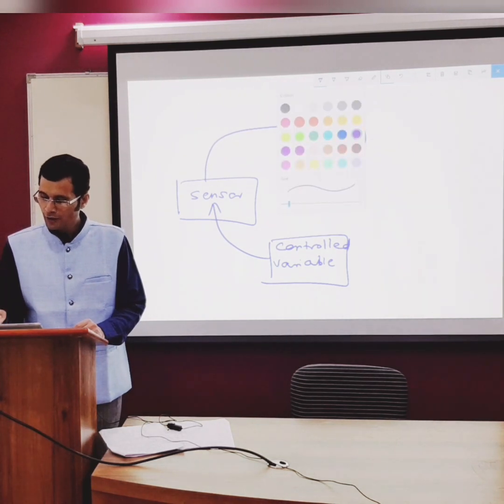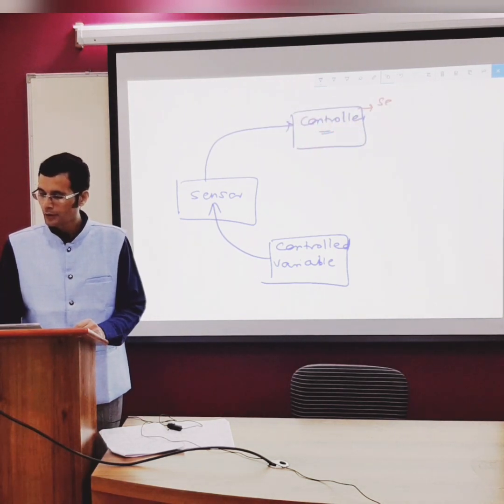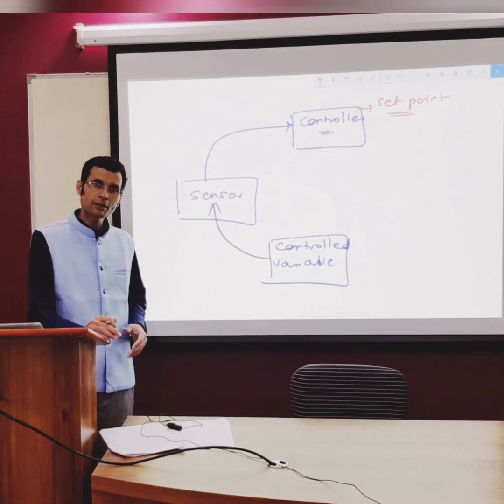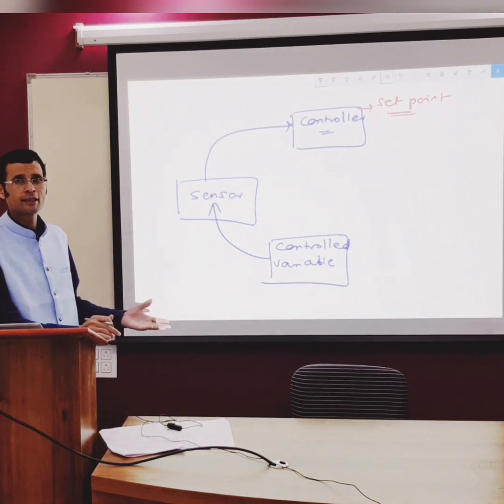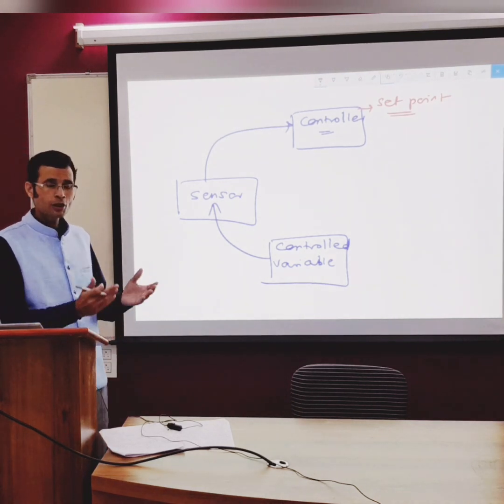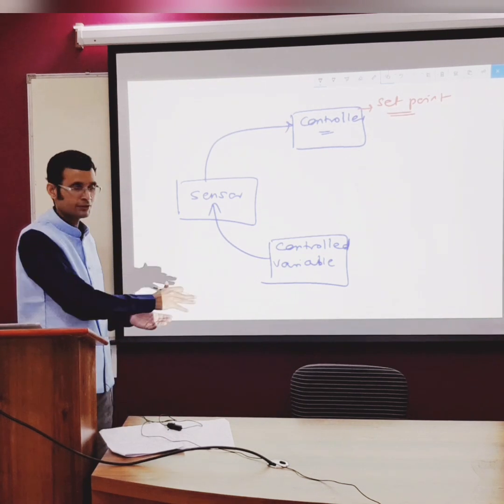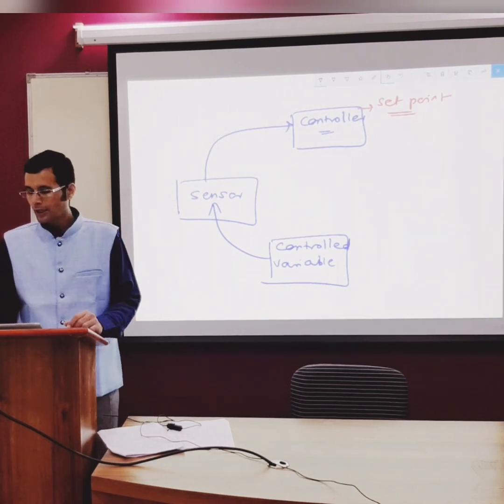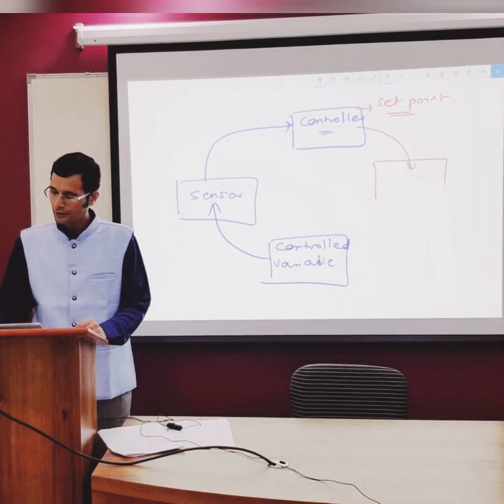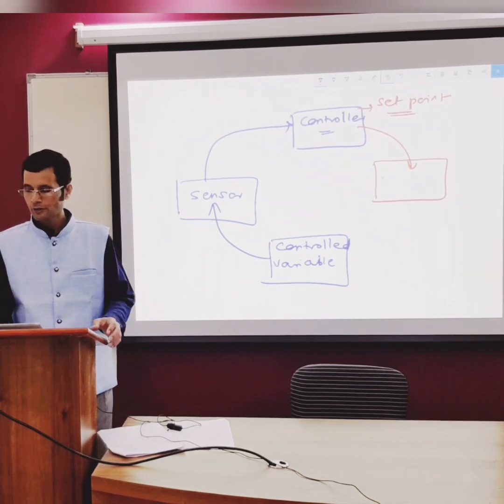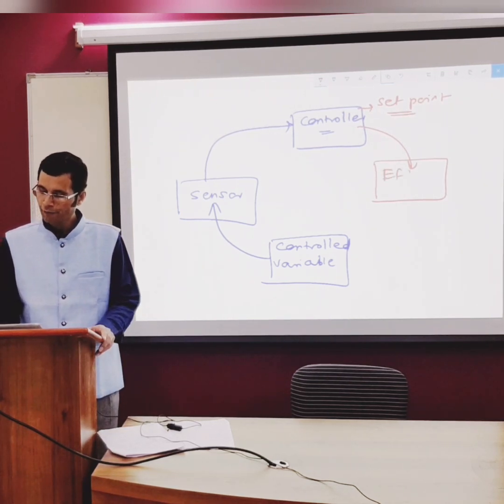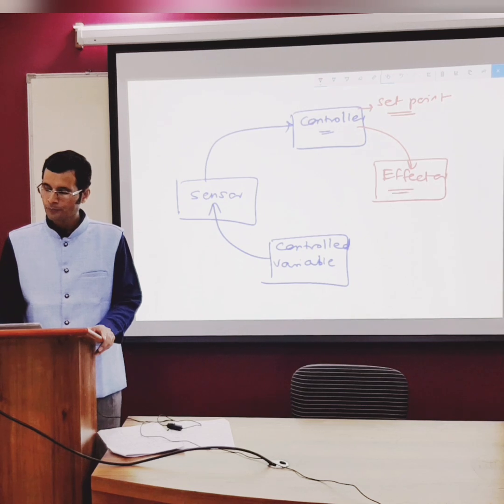The controller already has the set point for that controlled variable. It knows the set point. So, the controller will compare the value of the set point and this disturbance which has happened now, and accordingly the controller will take the action via the effector organs.